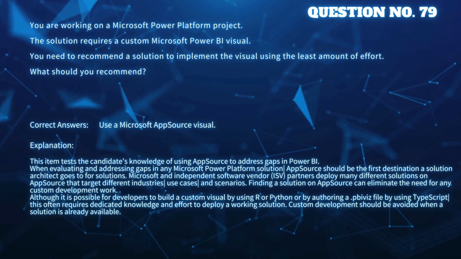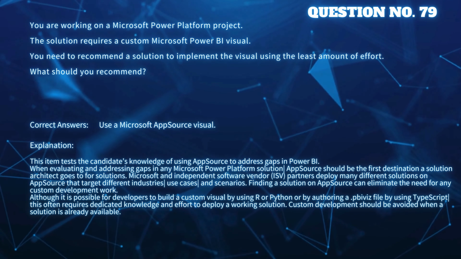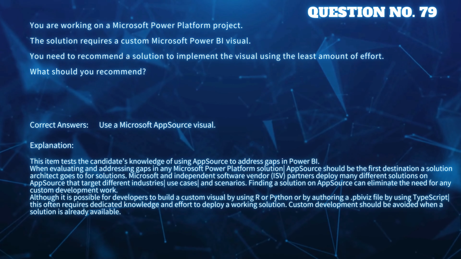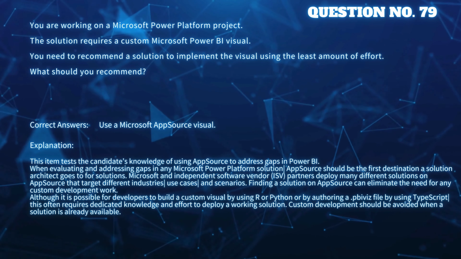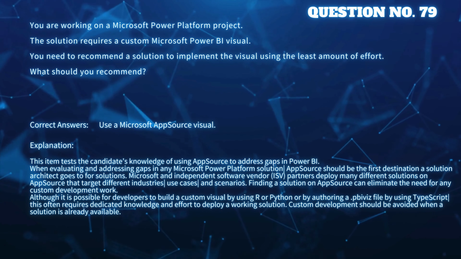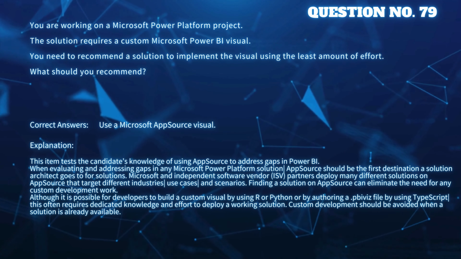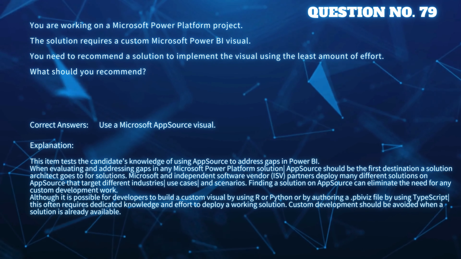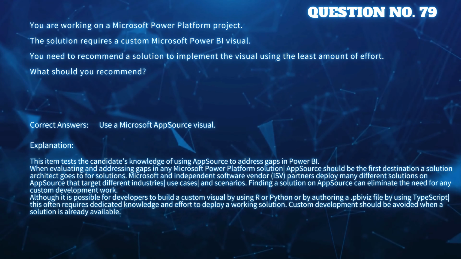Explanation. This item tests the candidate's knowledge of using AppSource to address gaps in Power BI. When evaluating and addressing gaps in any Microsoft Power Platform solution, AppSource should be the first destination a solution architect goes to for solutions. Microsoft and independent software vendor (ISV) partners deploy many different solutions on AppSource that target different industries, use cases, and scenarios.